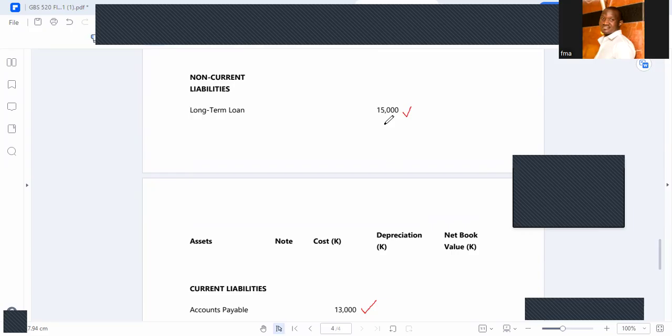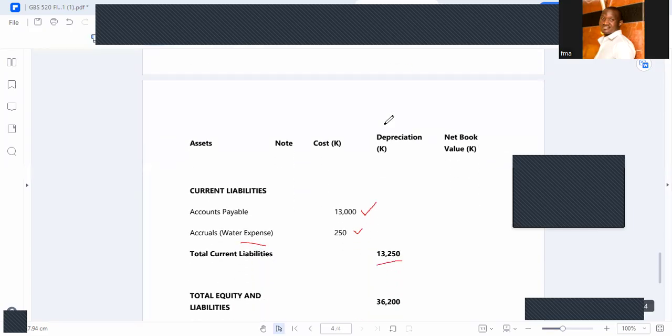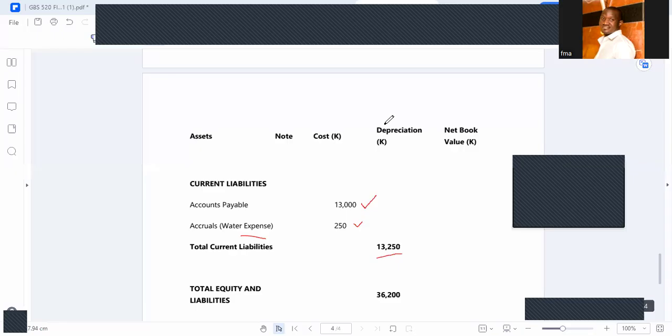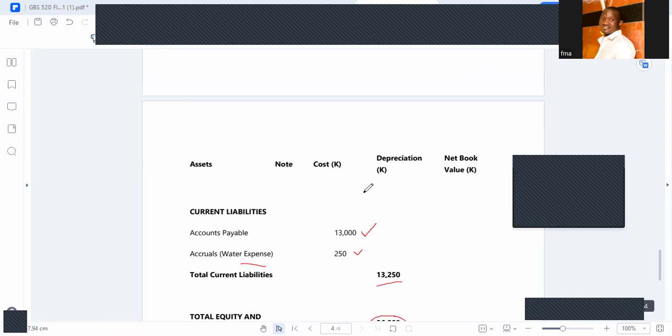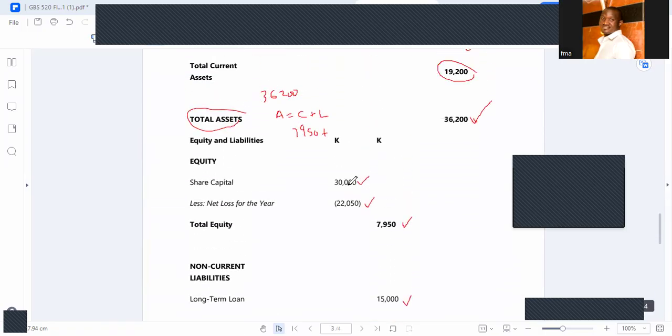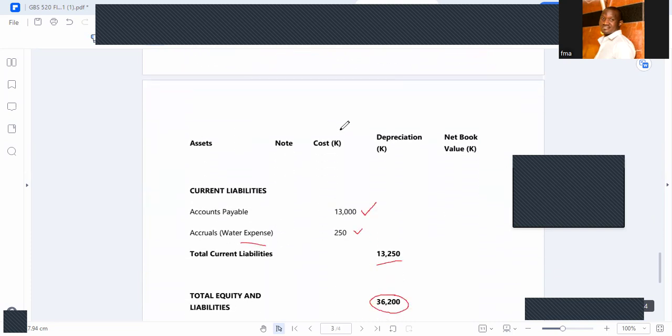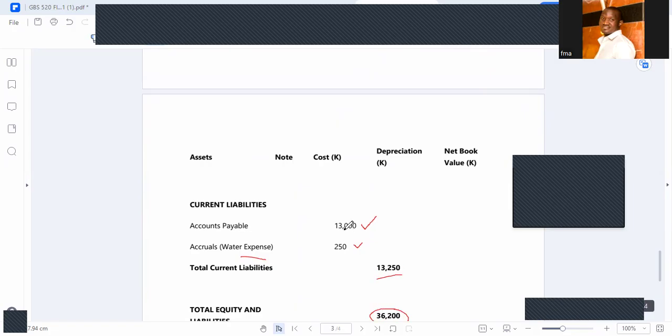When we add these two, we're getting a total of 15,000 plus 13,250. So the total here we're going to have is what? 36,200. So when you add 13,250 plus 15,000.